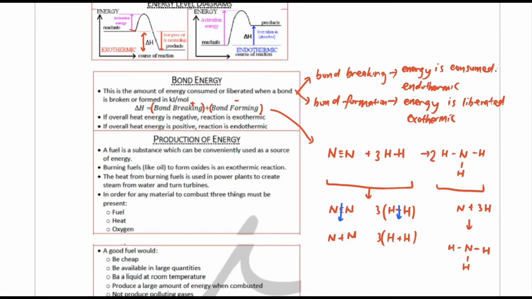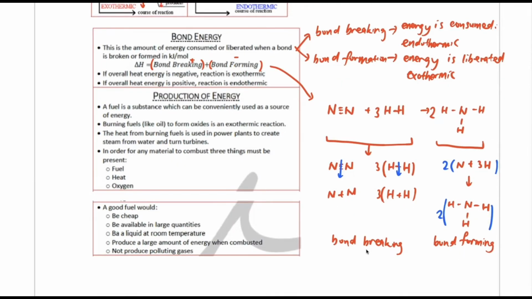Of course, times 2 to form 2 ammonia. So bond formation happens at the product side. So this is bond breaking, and that is bond forming. Bond forming is negative.